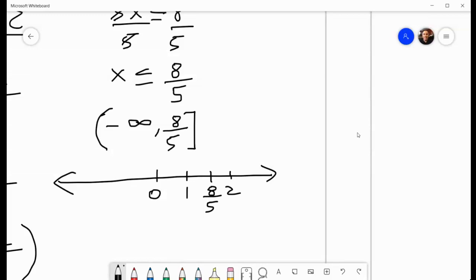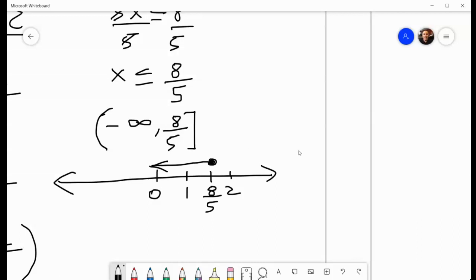We have a closed circle over it. Microsoft Word was not letting me draw a closed circle for some reason, but we do have a closed circle over it. And notice the arrow is going to point to the left, right? Because we want everything less than 8 over 5. That's what we want. Okay, so that's for this example.